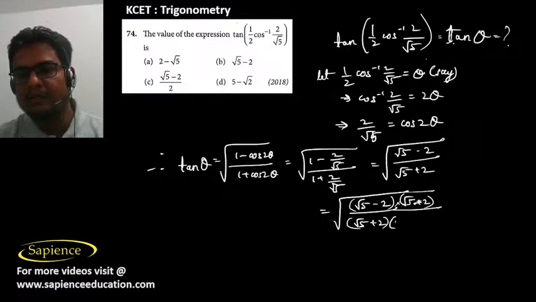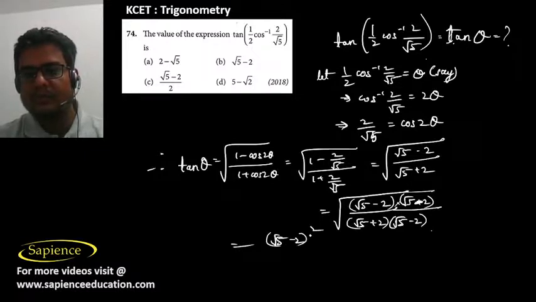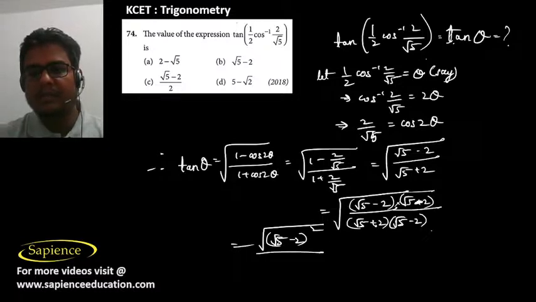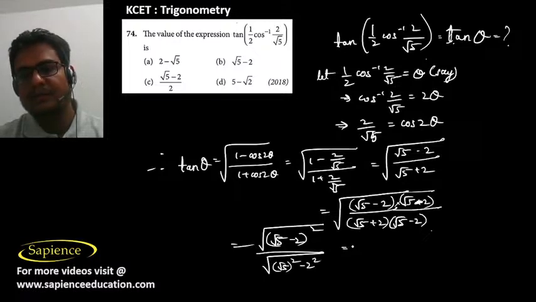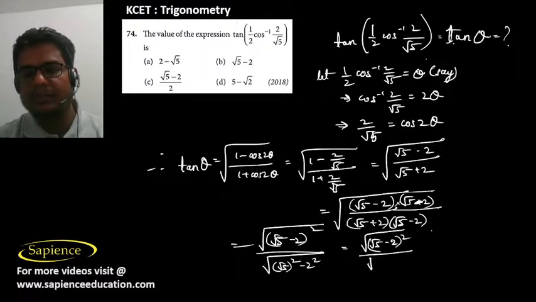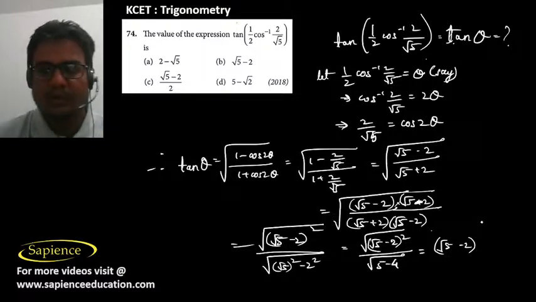Sorry, we can multiply and divide by root 5 minus 2. Then the denominator will be rationalized. So this will be root over root 5 minus 2 whole square divided by square root of 5 minus 4, that is equal to 1. So square root of root 5 minus 2 whole square is root 5 minus 2. Therefore option B is the correct answer.